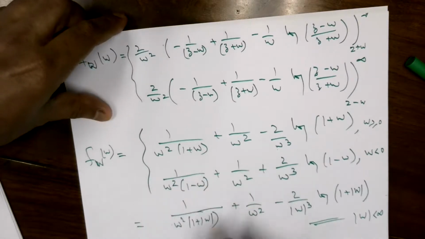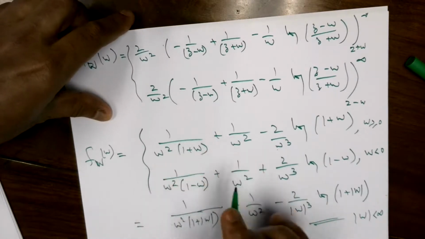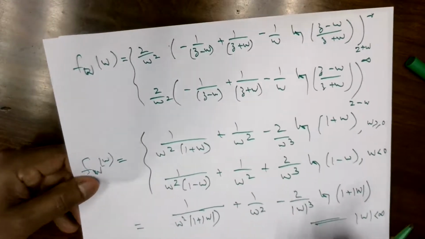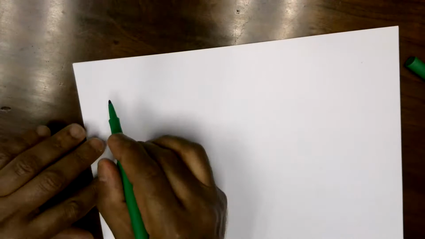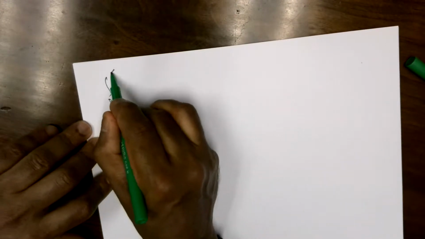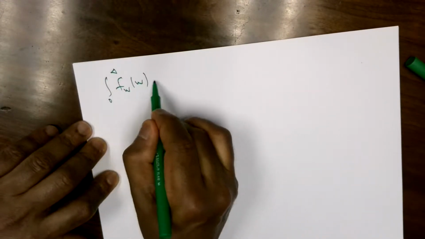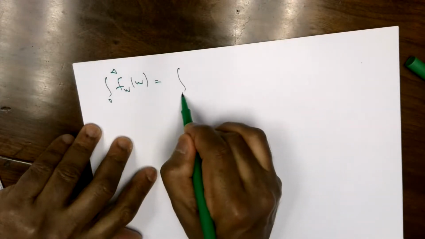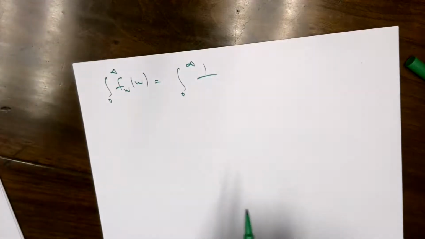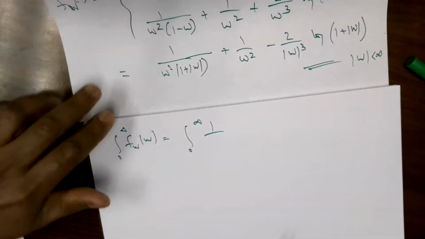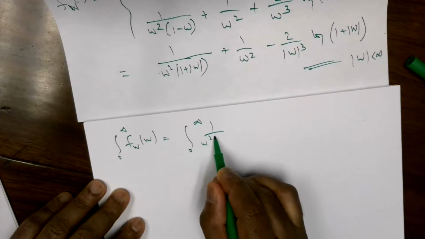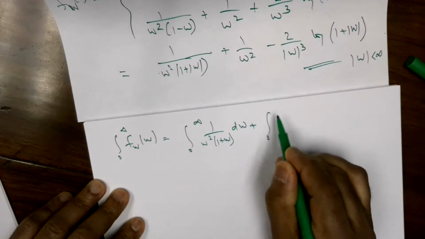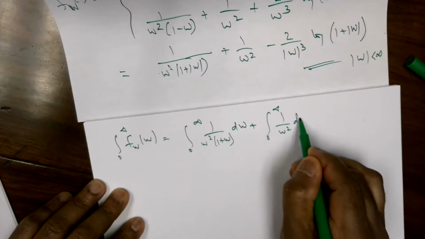To see whether the area under this is 1, I'm going to just do the top part and show that the area is half, I believe. So let's see, from 0 to infinity f_W(w). We need to integrate from 0 to infinity the top term, 1 over w squared multiplied by 1 plus w, dw, plus 0 to infinity 1 over w squared dw.